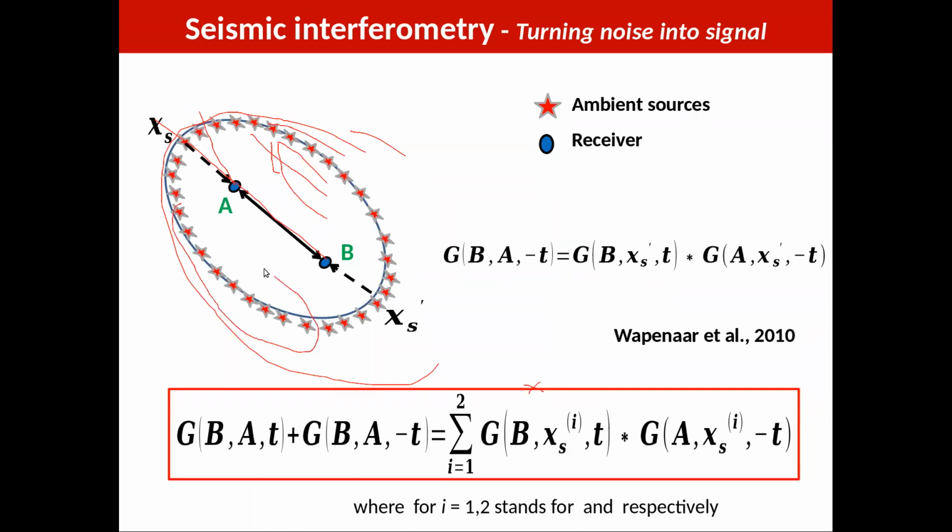So there is a destructive interference between these sources, such that the Green's function is just made up of noise sources that are just around these two stations. Okay, we'll see in the next slide.